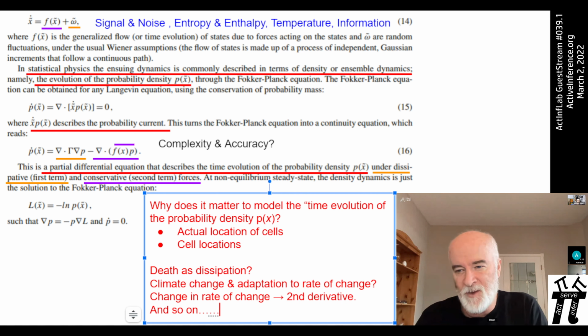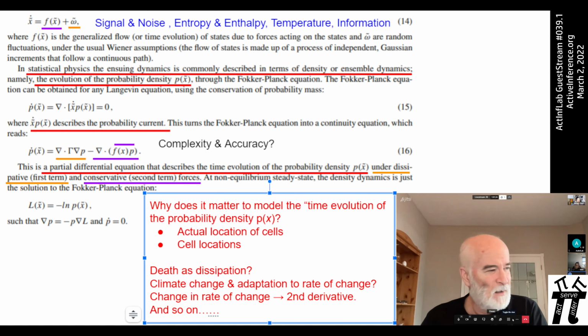So I want to save that for the point two, but I think this least action principle part would be a good entry point into some of these bigger questions going forward. So I just want to park that, but I think it matters.